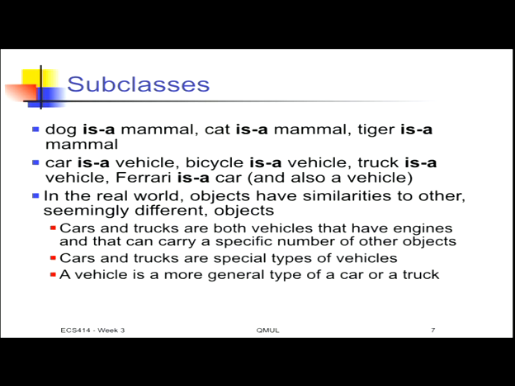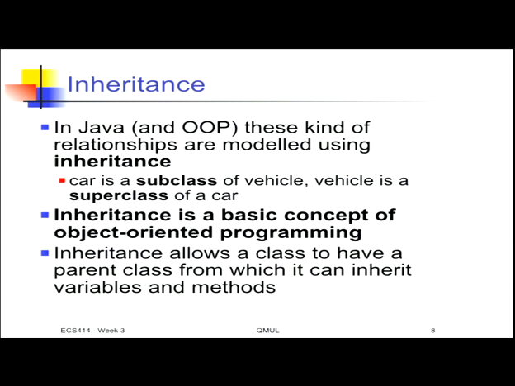A vehicle is a more general concept, or in our terms a more general type, than a car or truck. This is what inheritance is about. Inheritance is a way to deal with this relationship between concepts. So in Java terms, car is a subclass of vehicle, or vehicle is a superclass of car.